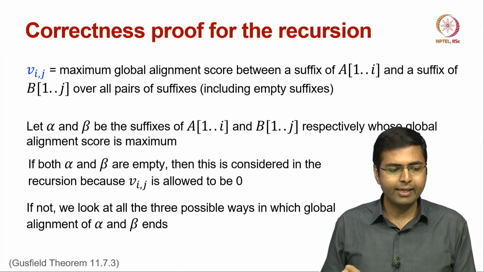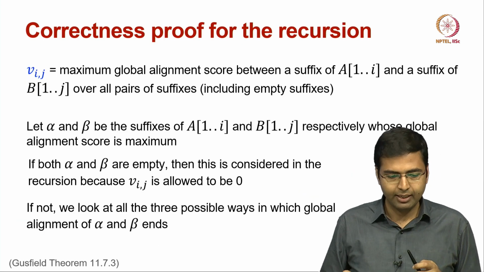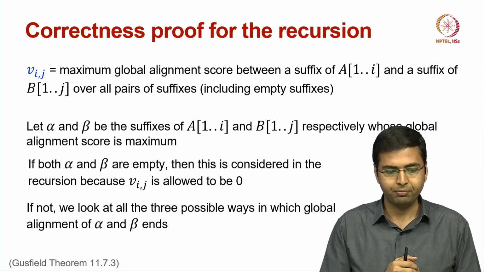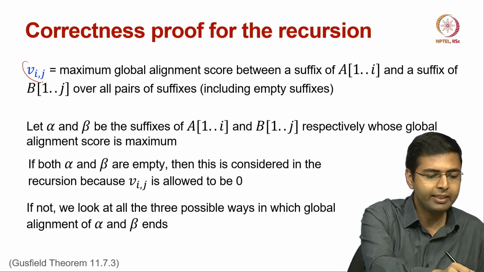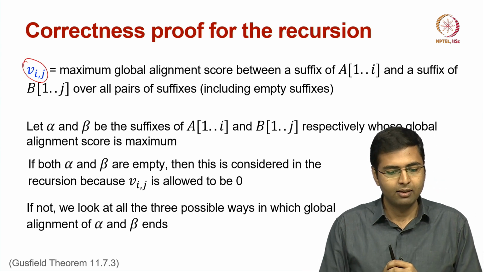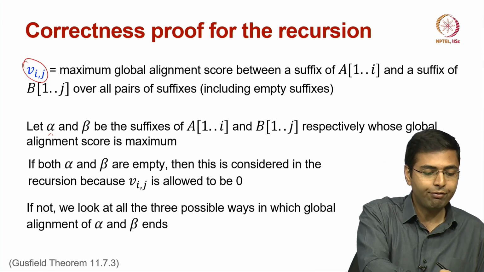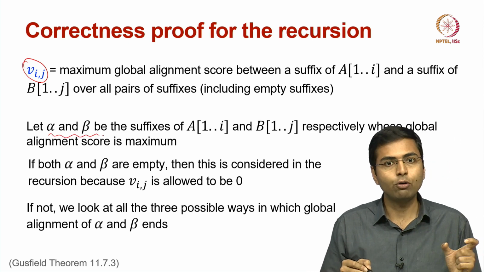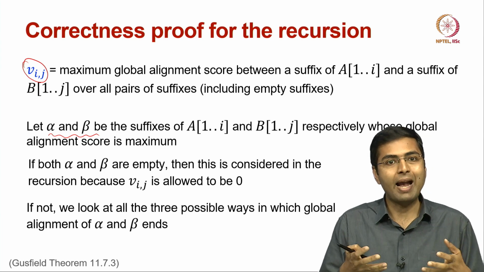I also want to highlight that the proof of the recursion is very simple. If we want to prove that this recursion is correct, the argument is very simple. We can prove that this recursion computes each Vij score correctly. The argument is as follows: let alpha and beta be the suffixes of A1 to i and B1 to j whose global alignment score is maximum.